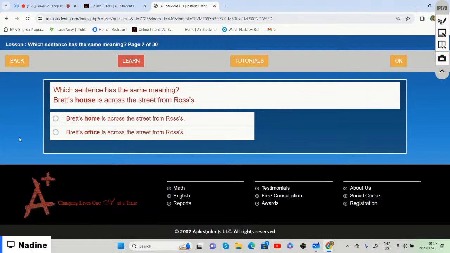So we need to find a word that is similar to the one on the screen, which is house, right? So another word for house is home. So it's option 1. So choose 1.